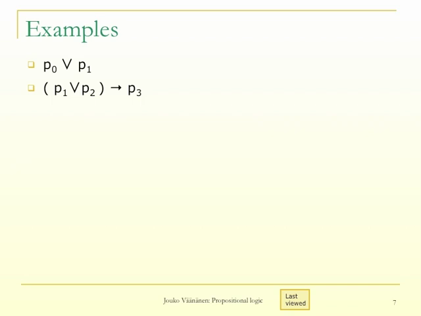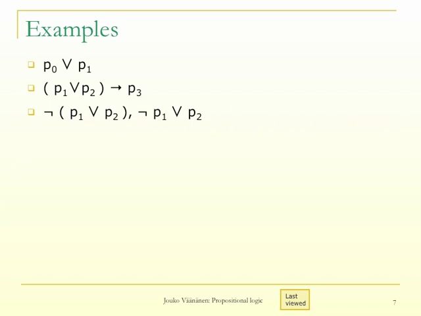A negation of a disjunction. Negation (P1 or P2). Intuitive meaning of this formula is that it is not the case that P1 is true or P2 is true. Note that in spoken language we do not use parentheses, but we indicate with intonation what we mean.